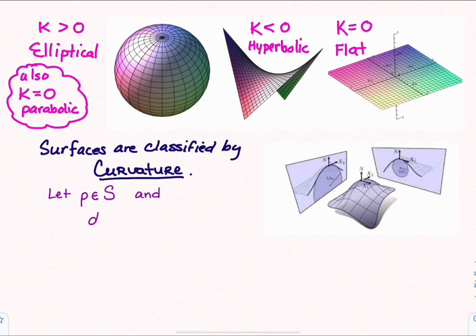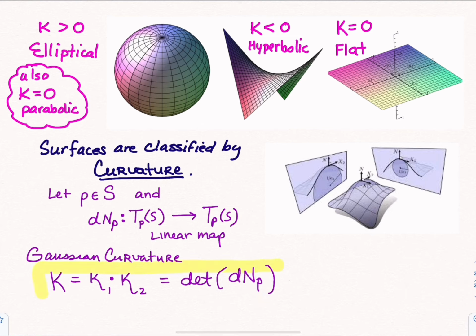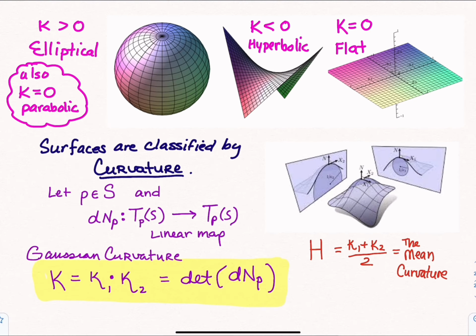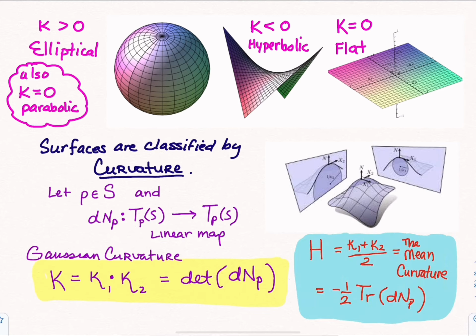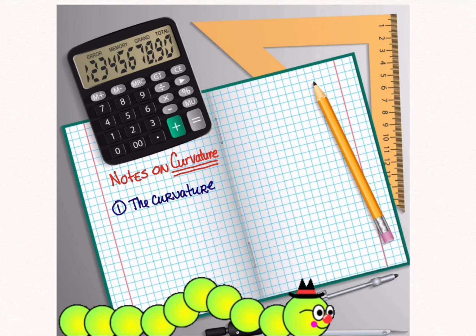Now, if we pick a point on a surface, the differential of the Gauss map, as we discussed earlier, is a linear map, a one-to-one mapping. And the Gaussian curvature is actually not only the product of the principal curvatures, but it is also the determinant of this differential mapping. In a similar case, we can define something called the mean curvature or average curvature of a surface, which has to do with the trace of the differential mapping.